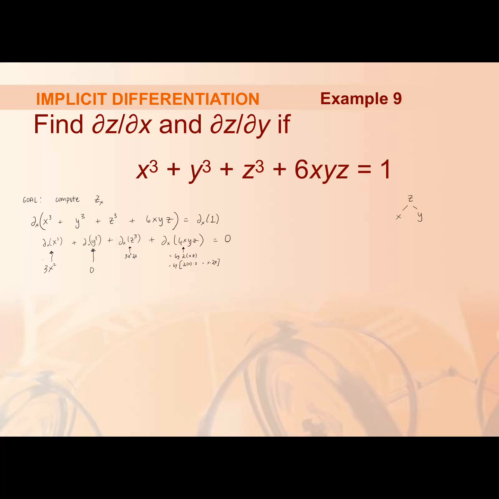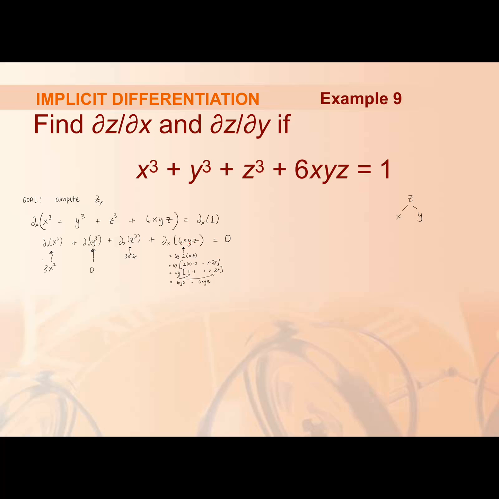The partial of x with respect to x is just 1. And the partial of z with respect to x, well, that's exactly what I'm trying to solve for, so I can't simplify that any further. So now I'm just going to expand. I'll get this times that will be 6yz plus 6y times this is going to be 6xy z_x.